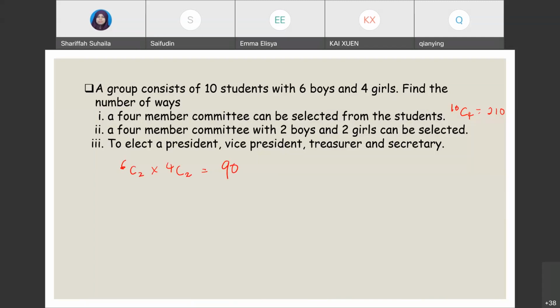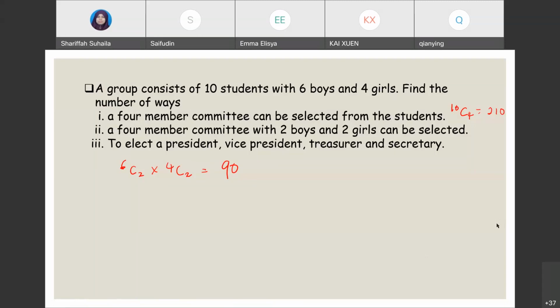Okay, the third one, you want to choose or to elect a president, vice president, treasurer, and secretary. Okay, soalan tu soalan apa? Salah bentuk macam tu. Lukman answer ni 5040. Apa tu Lukman? Combination ke permutation? Okay, permutation. Yeah.